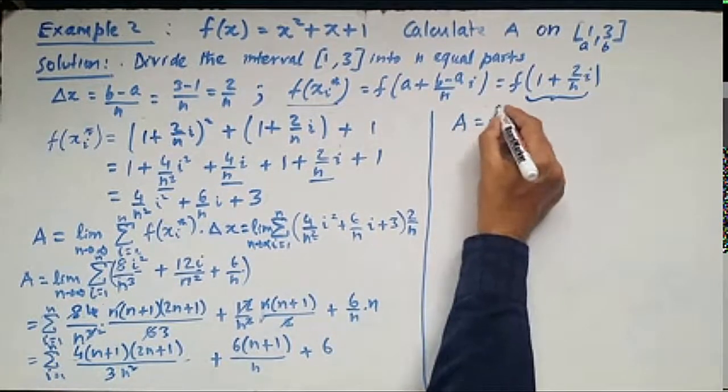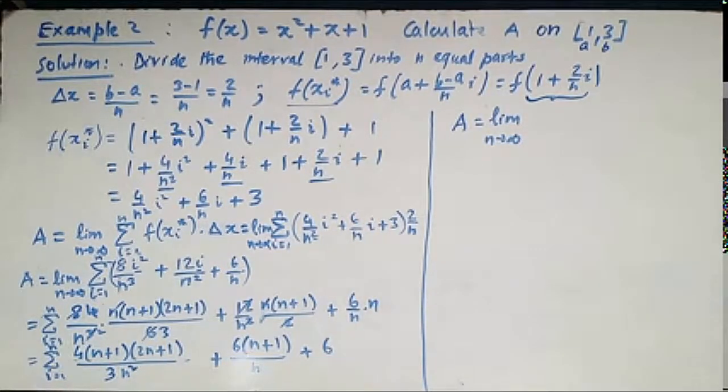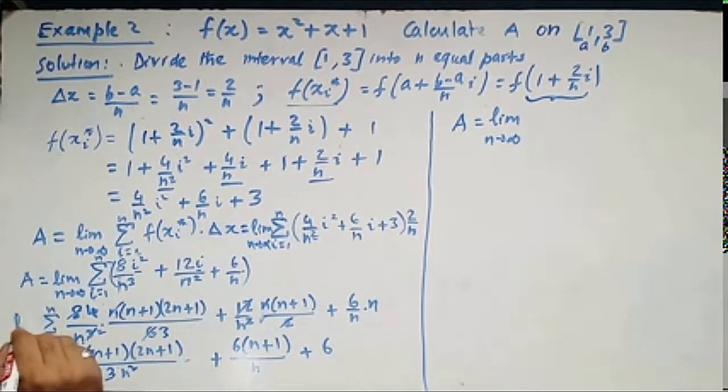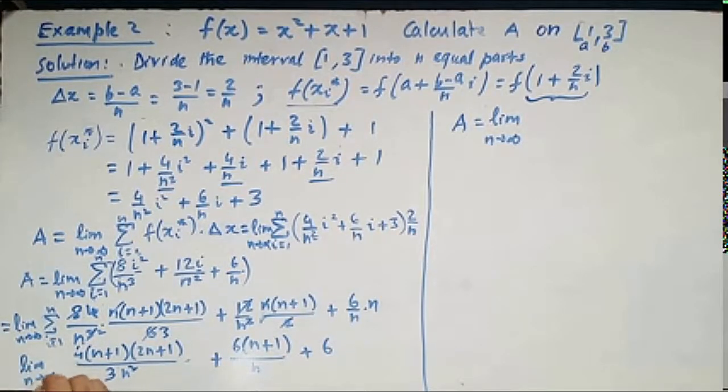So finally we get the area as a limit as n tends to infinity. Even the summation will disappear and only the limit will remain here. Okay, fine. So it is now just a question of finding out this one.